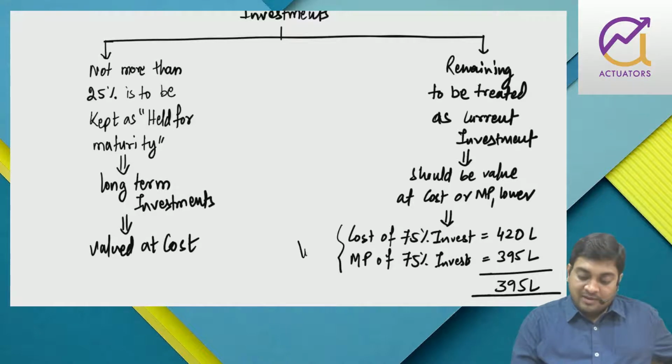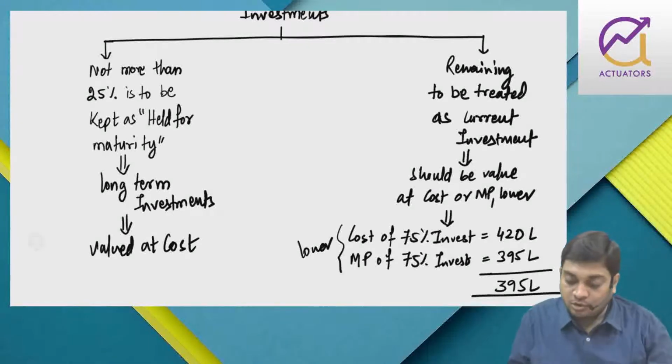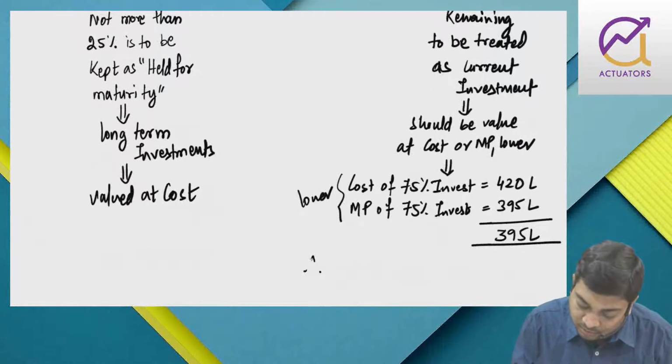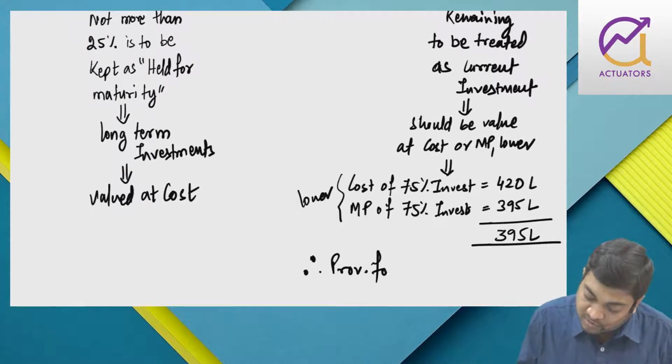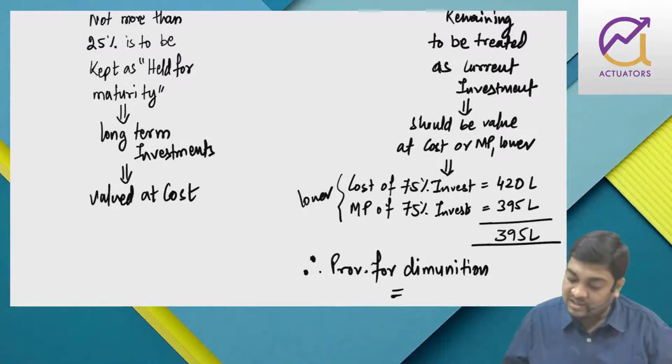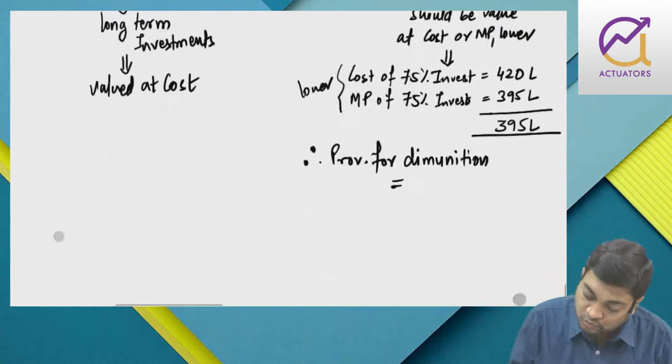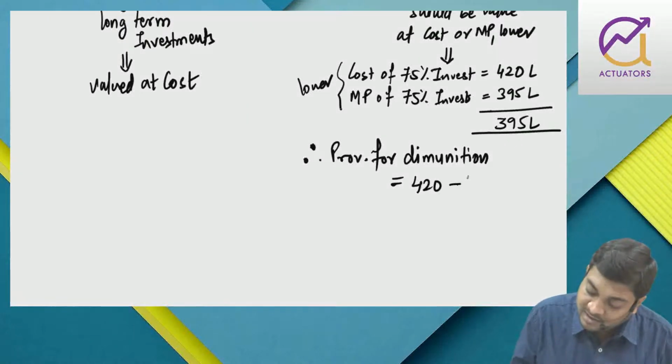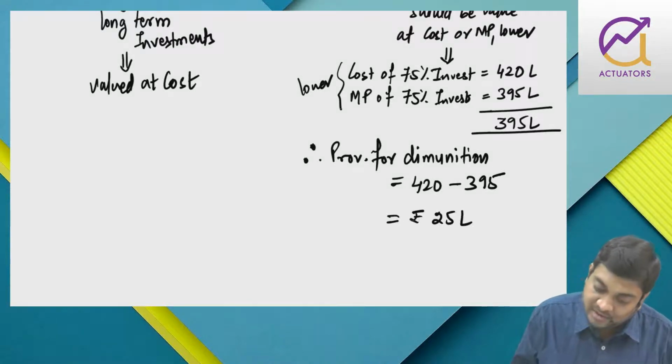Whichever is lower should be valued at. So therefore provision, this is known as provision for diminution, is equal to 420 minus 395, that comes to rupees 25 lakh.